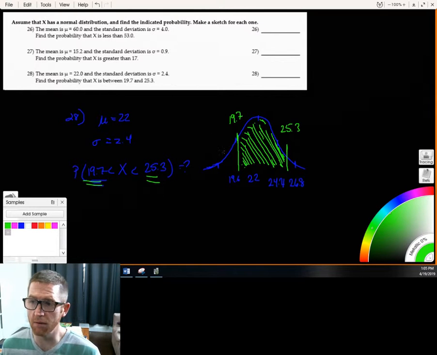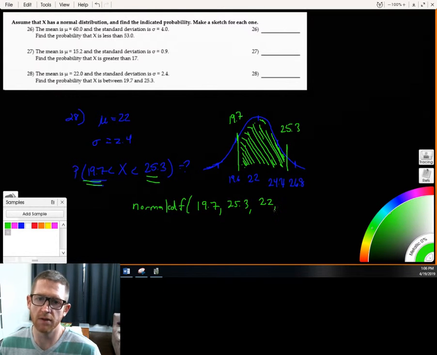So this problem with the calculator, again, is not difficult. We're going to find the area between these 2 boundaries, and the boundaries are given for us. To calculate this probability, it's a normal distribution, so we use the normal CDF function between the values of 19.7 and 25.3, with the mean of 22 and the standard deviation of 2.4.